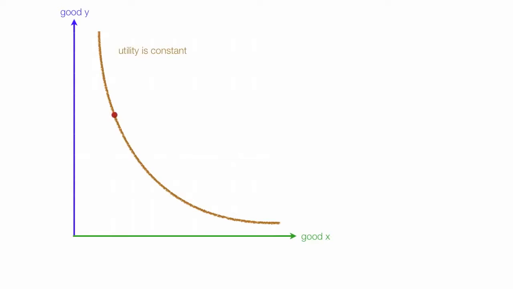Utility is constant along the indifference curve as well. That means utility does not change. So along any point along this curve, the change in utility is 0. I'm going to use some different Greek letters, all meaning delta. Again, change in utility is 0, and utility is constant.